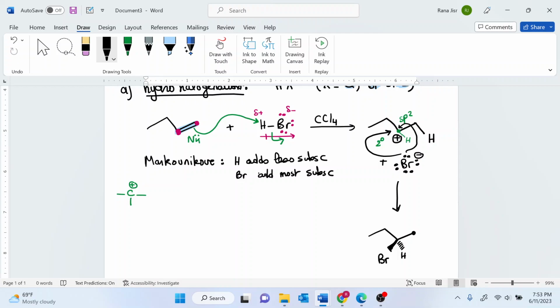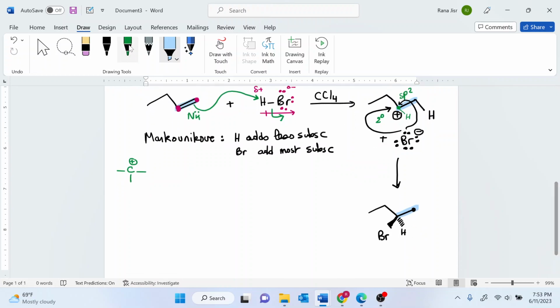And don't forget, on this carbon, because this is where my double bond was, I already added a hydrogen on this carbon. No need to show the hydrogen. It's already a CH3 in there. Plus, the bromine can attack at the back. And if bromine attacks at the back, then in this case the hydrogen is going to be in front.